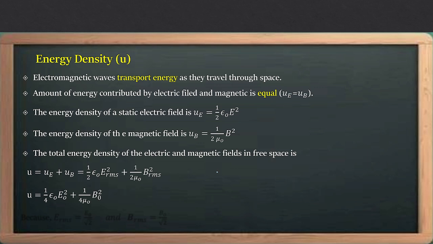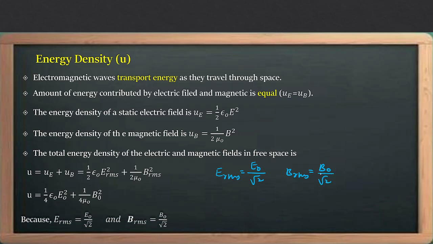Here E RMS is given by E naught by root 2, and B RMS is given by B naught by root 2. You can substitute that and you will get these equations.